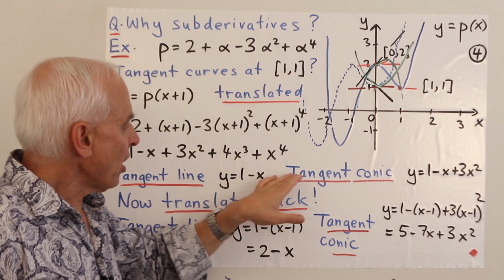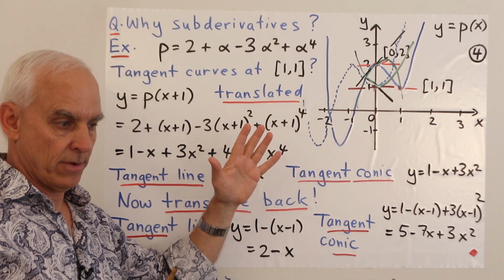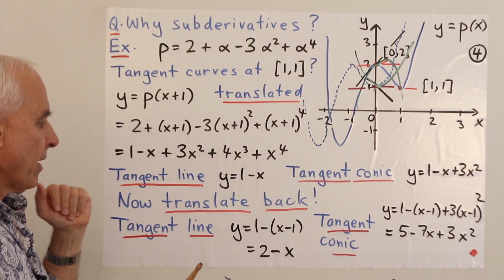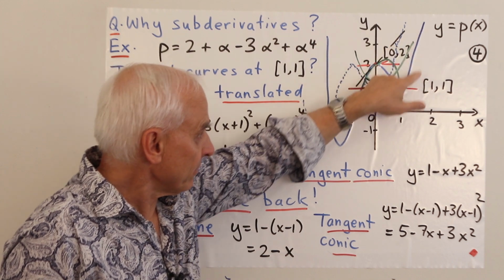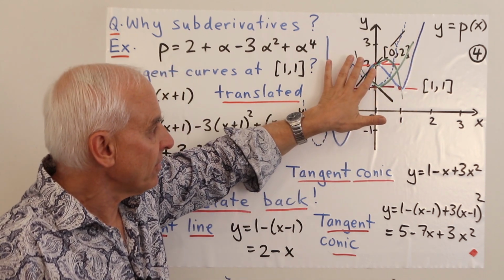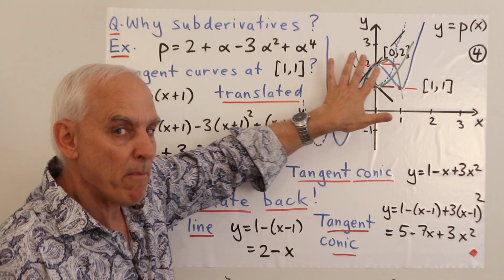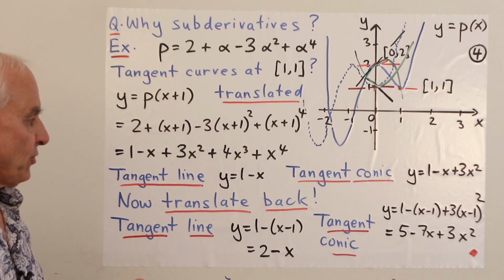Now, these are the tangent line and tangent conic of this translated curve. To get back to the original question, because originally we're interested in the original blue curve at that point, we need to translate these various things we found back to the right. How do we do that?